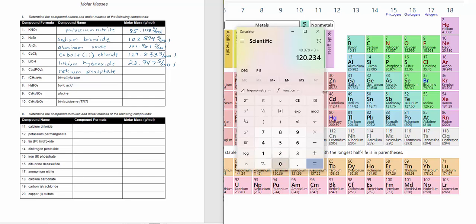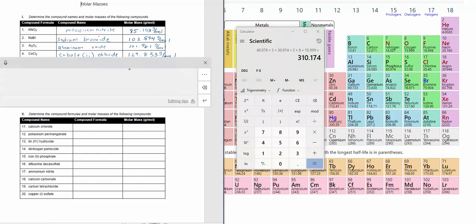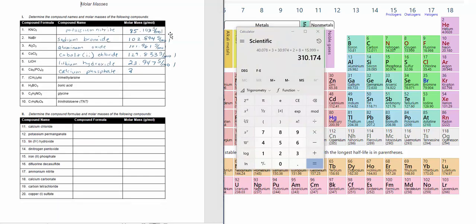So I'm going to take the mass of phosphorus, 30.974, and multiply that by 2. And then I have a total of 8 oxygen atoms. And on this periodic table, I need to go backwards: 15.999. So the molar mass of calcium phosphate is 310.174. And again, that is grams per mole.